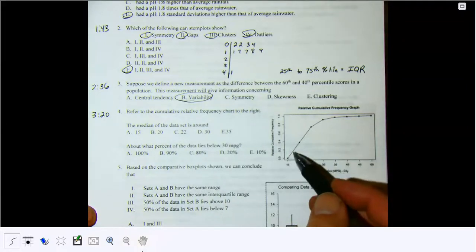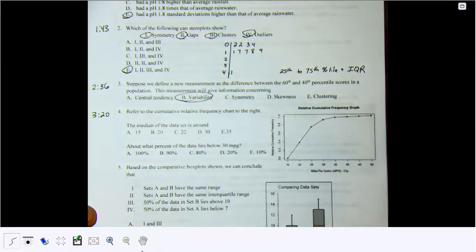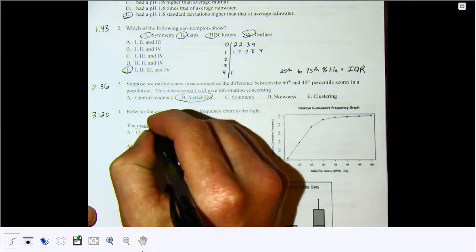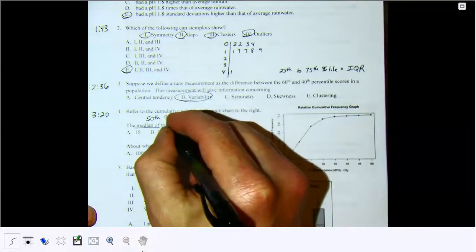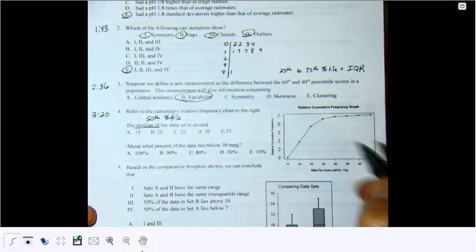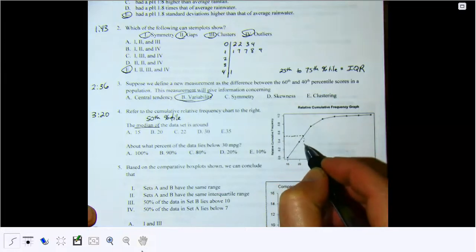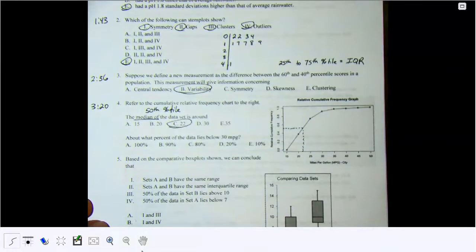So it's not going to do individual percentages, but we're going to add and keep a continual running total of the percent. We have to understand that the median is going to be right smack dab in the middle. And so in percentiles, that's going to be the 50th percentile. So we're going to come over here to 50. We're going to dot over and we're going to dot down, and that's around 22. So that is one of my options. So we're going to roll with 22.